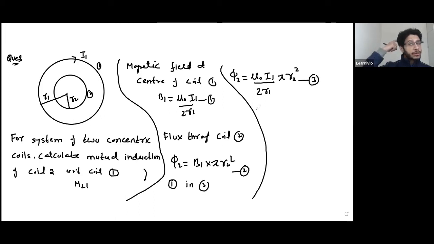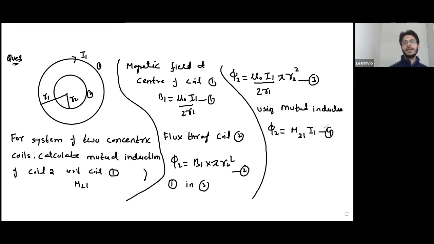Next, you can calculate this flux through mutual induction also. So using mutual induction, you can say that this flux is nothing but M I, where M is mutual induction, coefficient of mutual induction of coil 2 due to 1, into I1. In the next step, we will equate this 3 and 4.